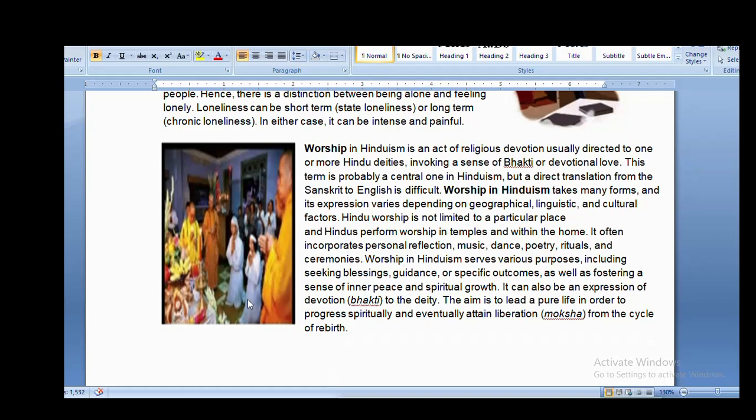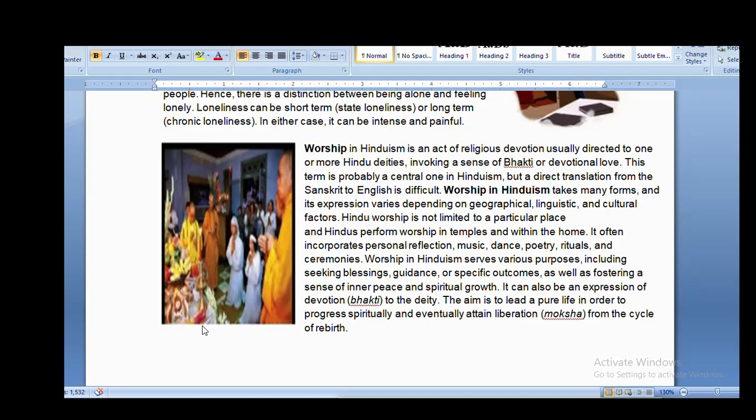In the third picture, we can see people worshipping, probably Hindu worship. Worship in Hinduism is an act of religious devotion, usually directed to one or more Hindu deities, evoking a sense of bhakti or devotional love. This term is central in Hinduism, but a direct translation from Sanskrit to English is very difficult.